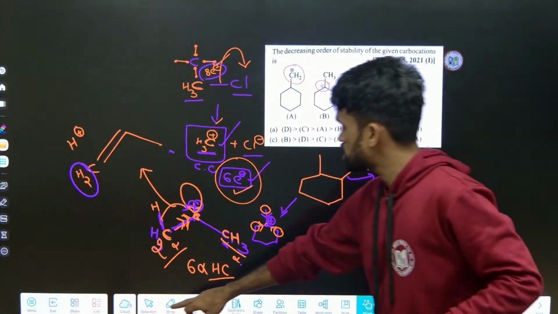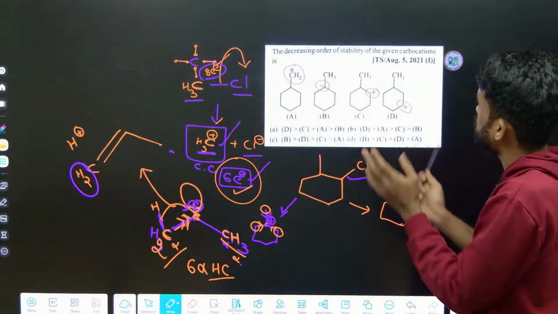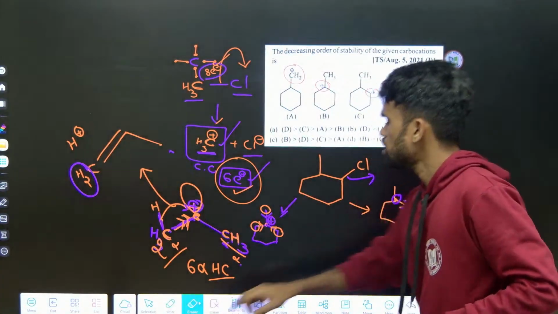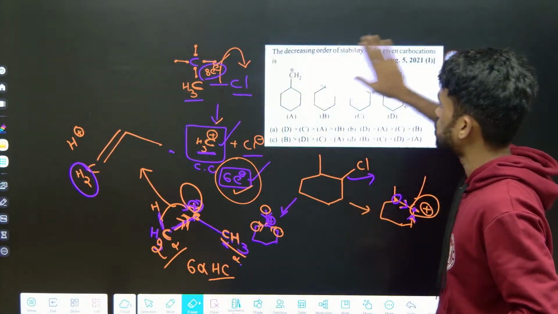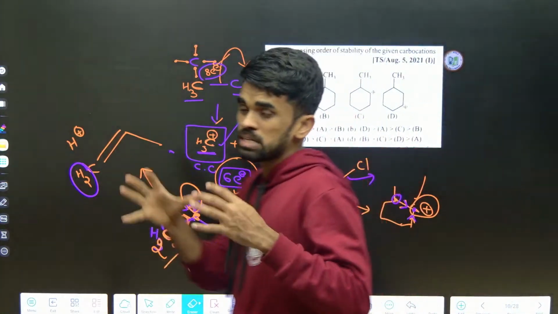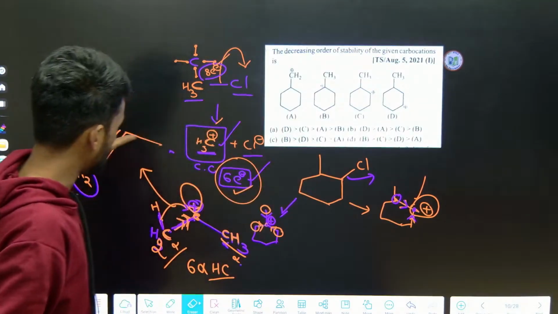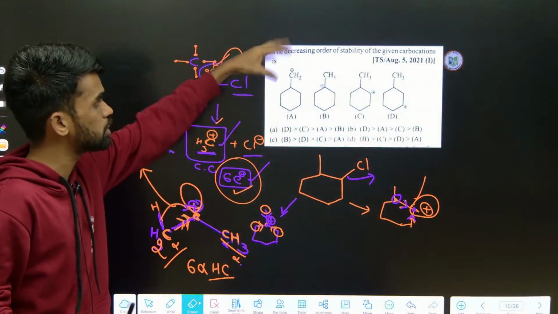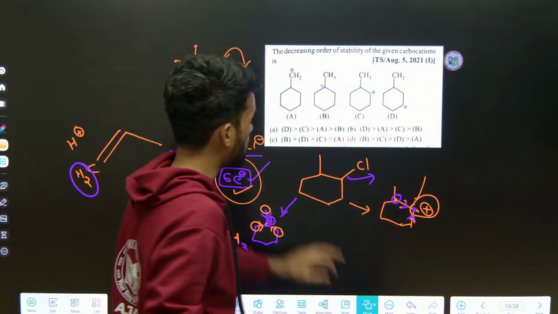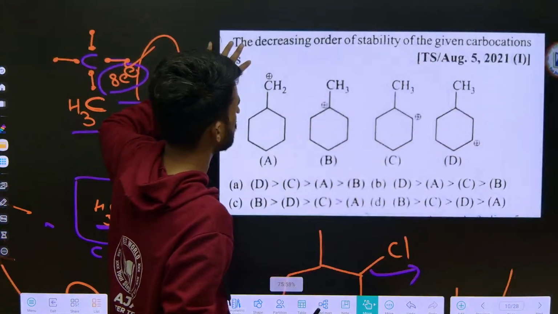Now look at the question, which is more stabilized here? Without much discussion, I am just giving you clarity on this question. With this discussion, you just need to answer this question. Now tell me, what kind of carbocations do we have here?